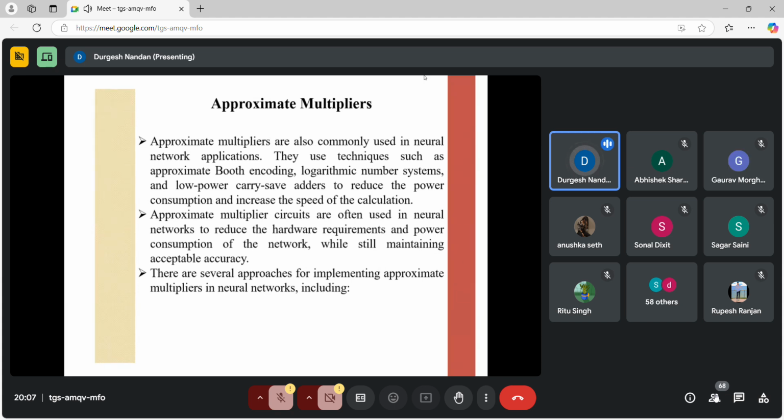Often it gets used in a neural network to reduce the hardware requirements and power consumption of the network while still maintaining an acceptable level of accuracy. Now, one by one, I will try to explain the various types of approximate multipliers.